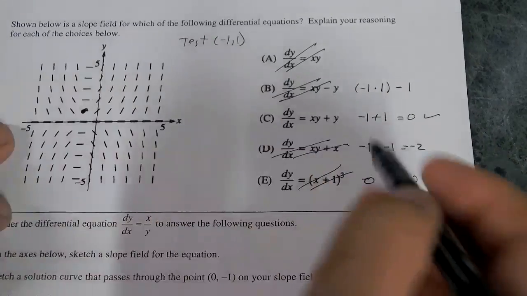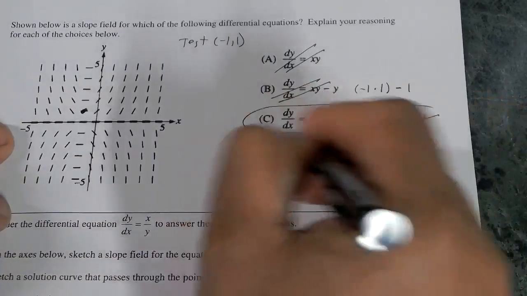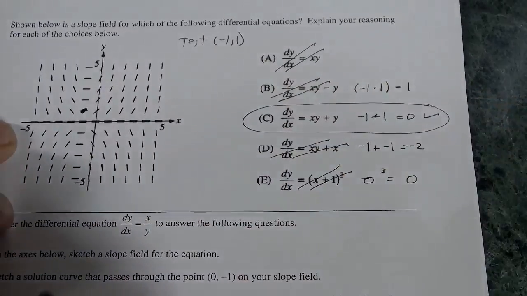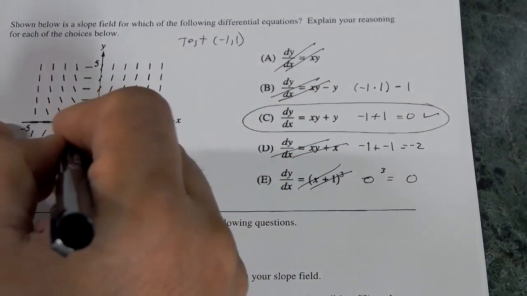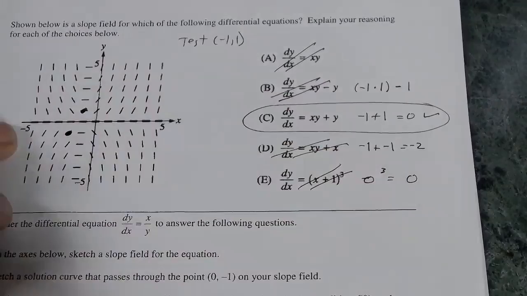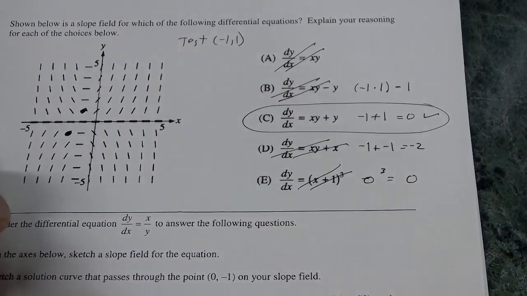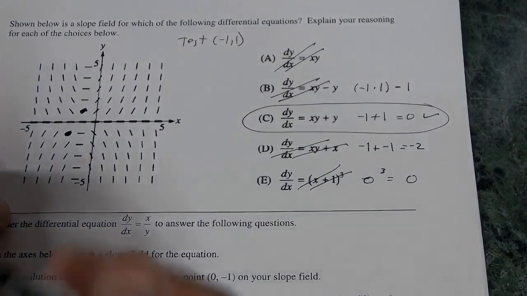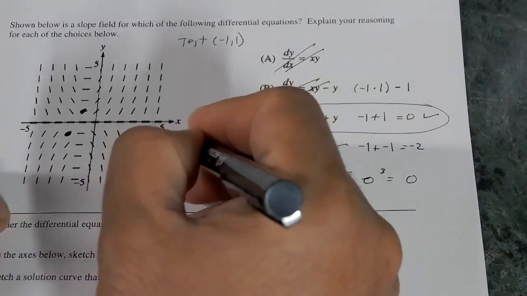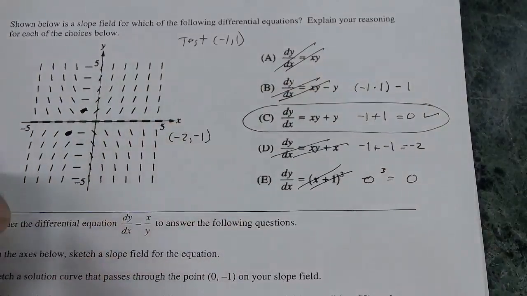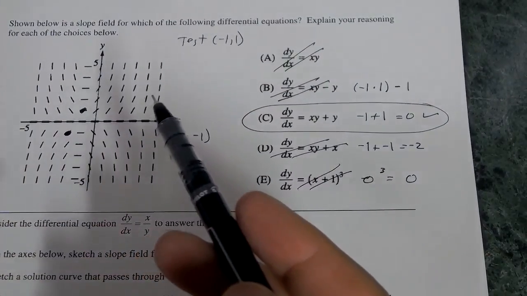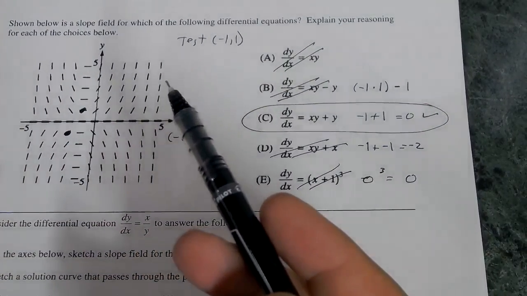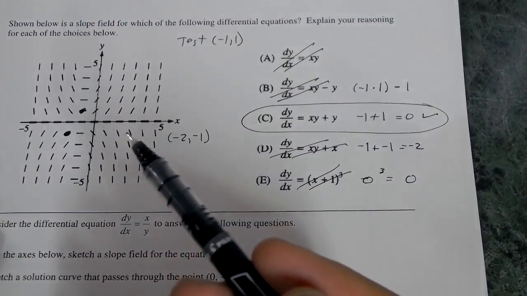Okay, so you might say, well, what about over here at negative 2? Let's just pick a different point right here. Pick that point. That looks like negative 2, negative 1. If you plugged it in, you see that at negative 2, negative 1, it should give you a positive 1 slope.